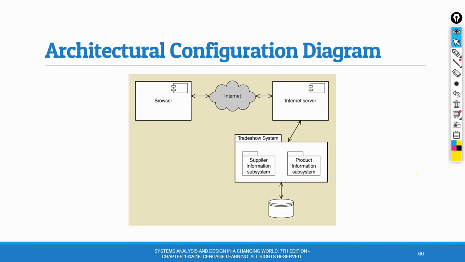Designing the overall system structure or architecture is done using an architectural configuration diagram. This figure shows the overall structure of the new system in terms of software components. Although the figure itself appears rather simple, some important decisions were involved in developing this design.